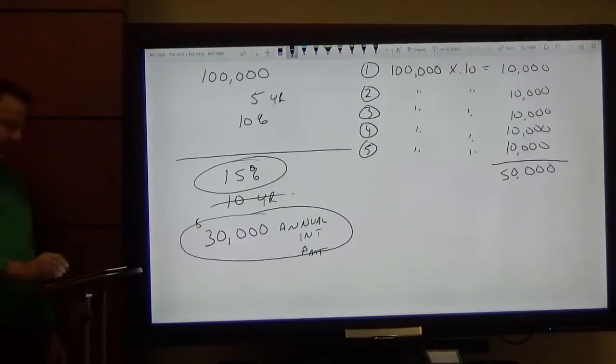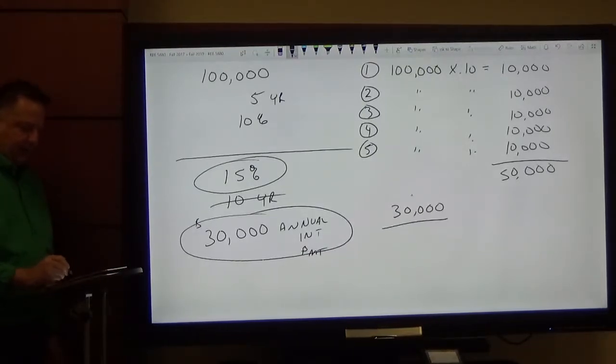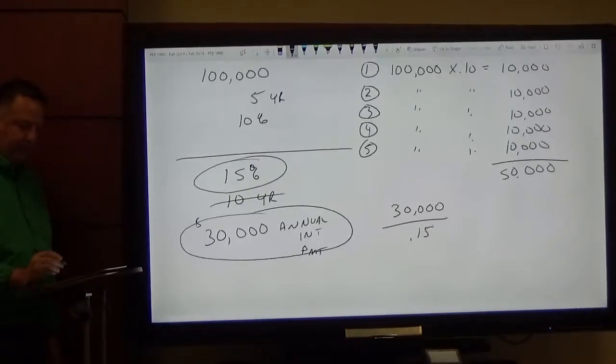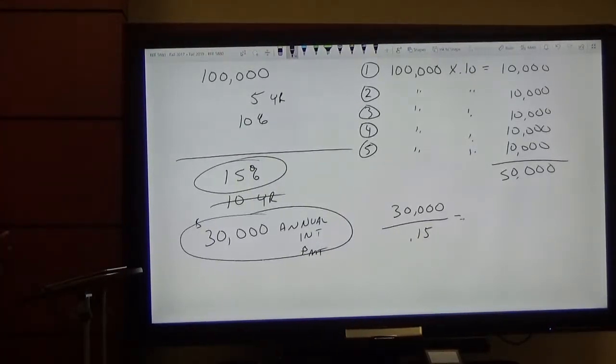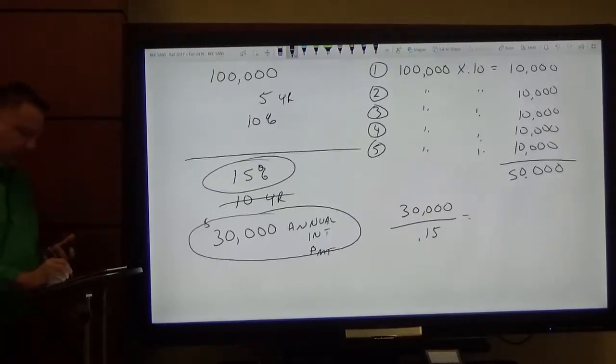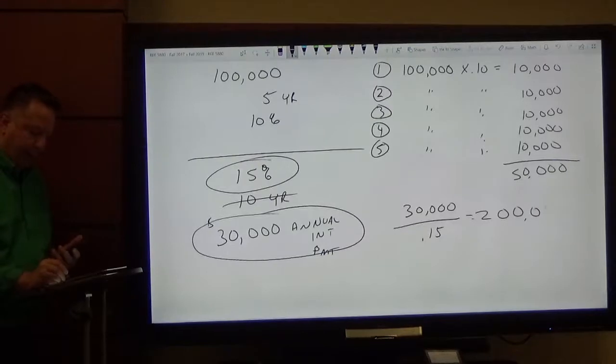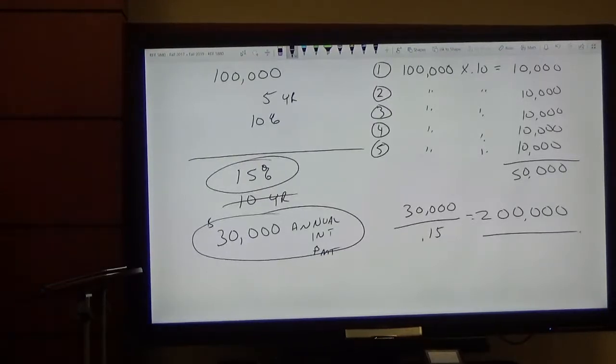Because here what I'm saying is, all right, our annual interest payment is $30,000, so that means if our interest rate is 15%, then that would mean our mortgage amount would be $200,000. Okay, just working backwards. Does that make sense?